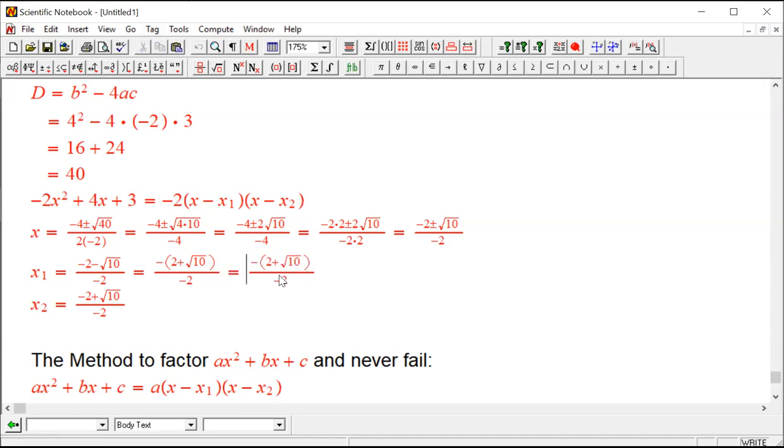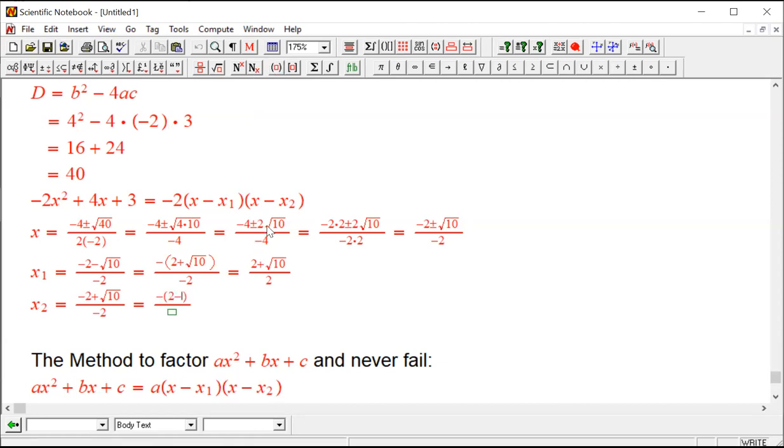So this equal sign, negative takes away the negative, so you get that. And this other one, you can do similar things if you wish. You can factor out the negative sign and put it in parentheses.